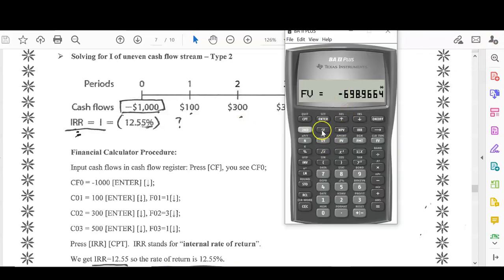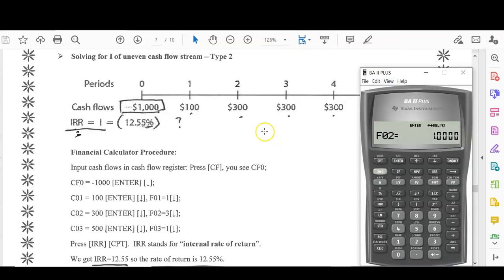Okay, so let me press CF, input cash flow 0 as negative 1,000, down button, frequency, cash flow 1 as 100, down button, frequency 1, cash flow 2 as 300, frequency as 3, three 300s, enter, down button.